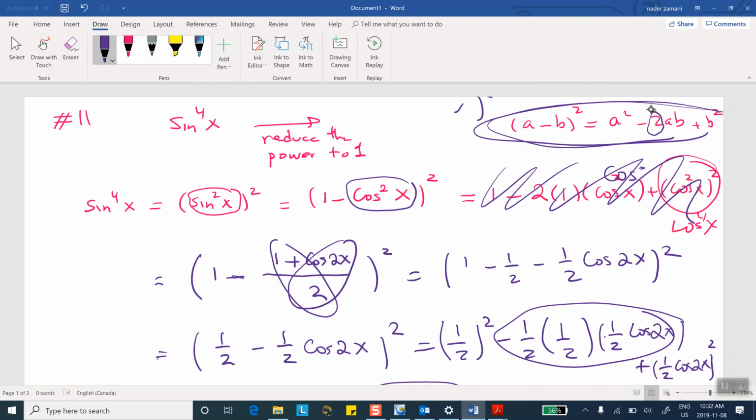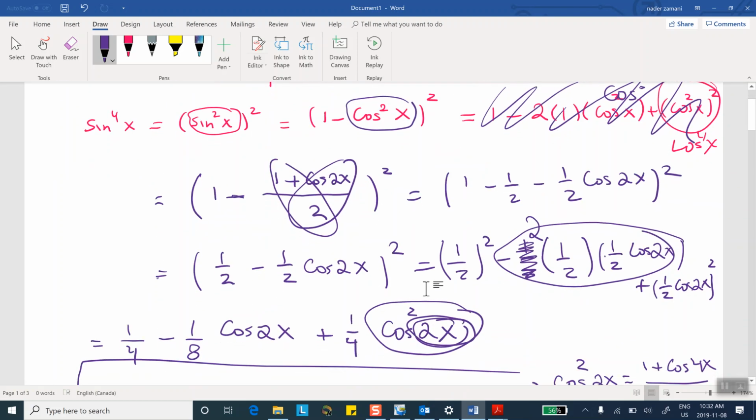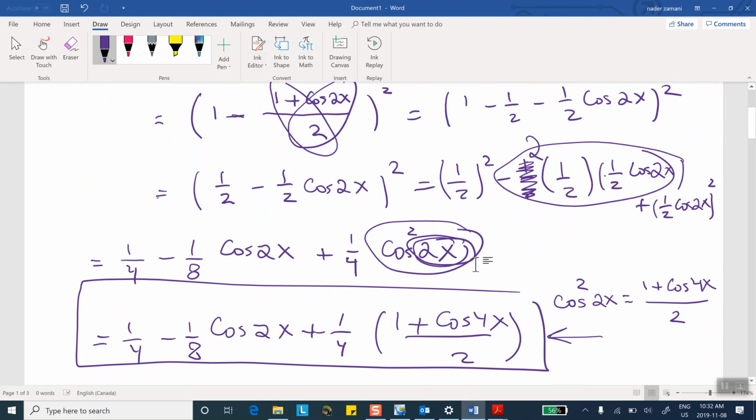See that? This should not have been 1/2. It should have been a 2. Terribly sorry. That means this thing becomes a 1/2. That thing becomes a 1/2. Okay. That means this is a 1/2.